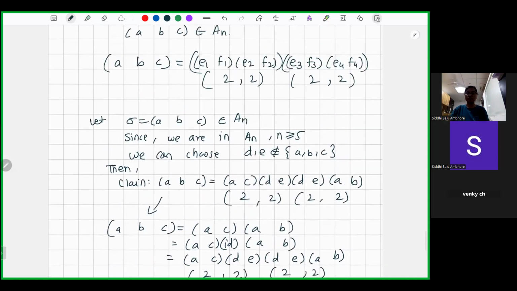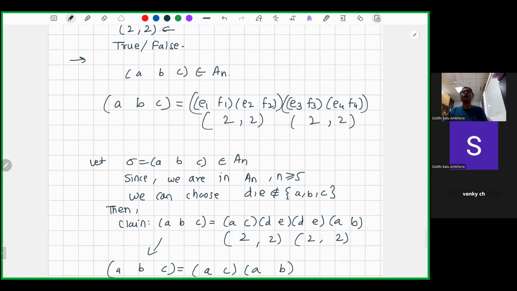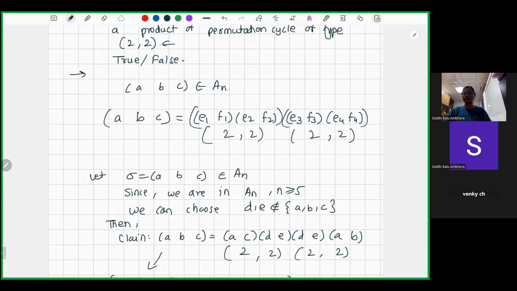When we say that a given sigma in S_n is of some tuple type, the baseline requirement is that we express it in disjoint cycles, and then we check the sizes of those cycles.